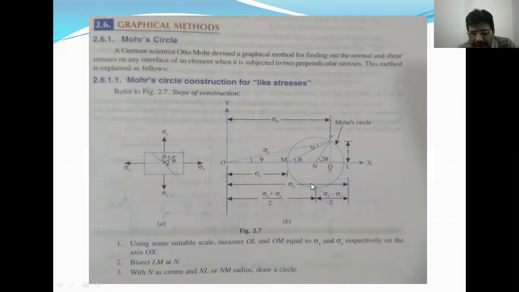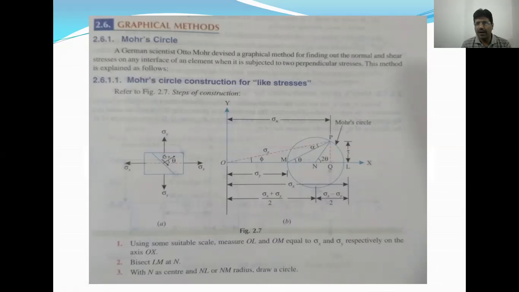So if we find sigma x plus sigma y by 2, sigma x plus sigma y divided by 2, or sigma x minus sigma y by 2, it will give us the same position from a different direction. Sigma x plus sigma y by 2 is the distance from this point to this point, and these two will be the same. So this is basically n. We have got n, and n is the center of the Mohr circle.